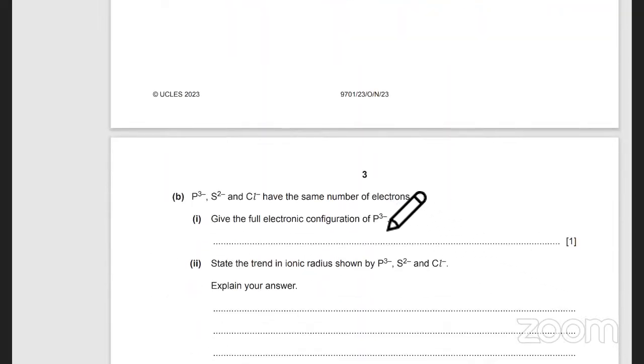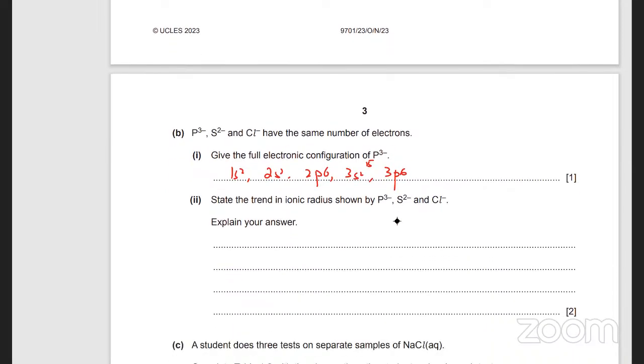अच्छा, what's the full electronic configuration of P3 minus? 15 होता है, तो now it has how many electrons? 18. 1s2, 2s2, 2p6, 3s2, 3p6, right? State the trend in ionic radiuses. Which one do you think is the biggest?